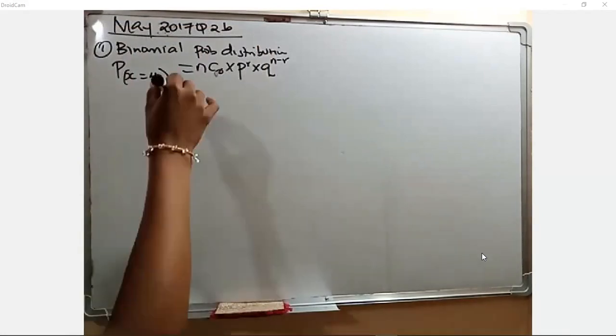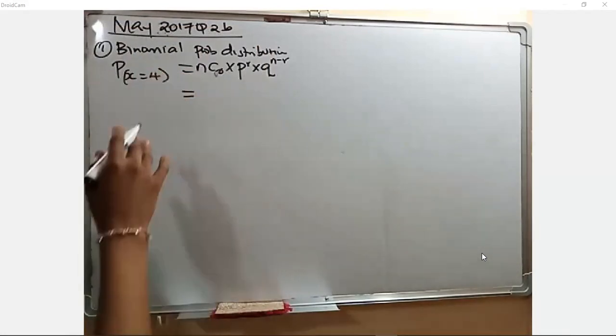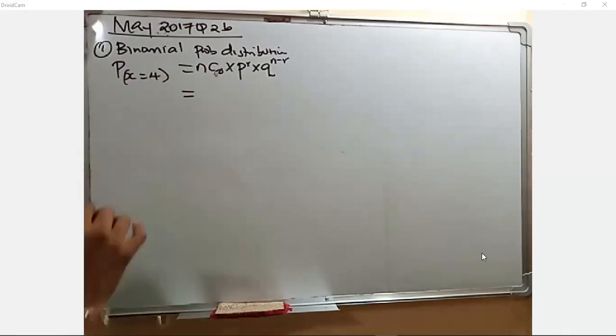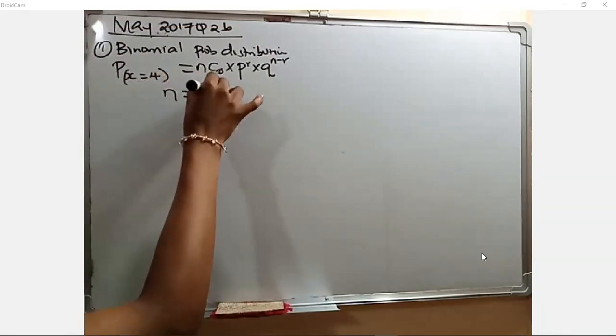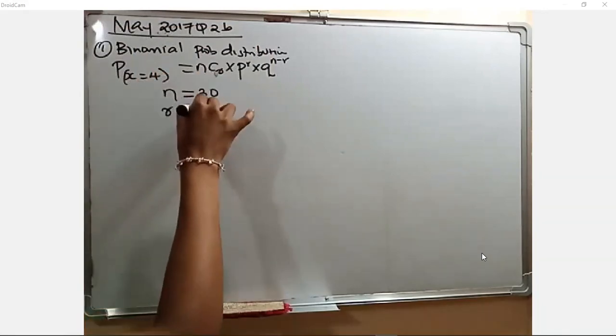Now in this case, the examiner has given you n as 30, and our r is equal to 4.